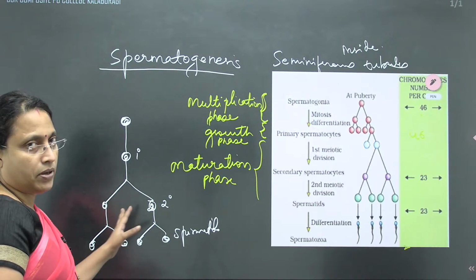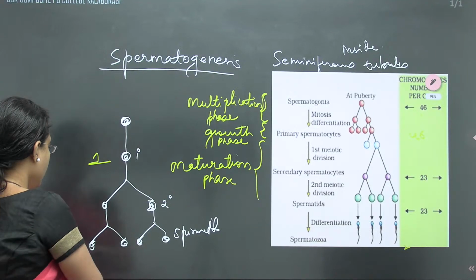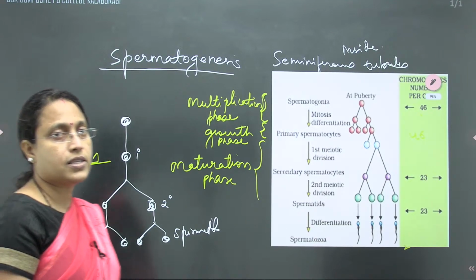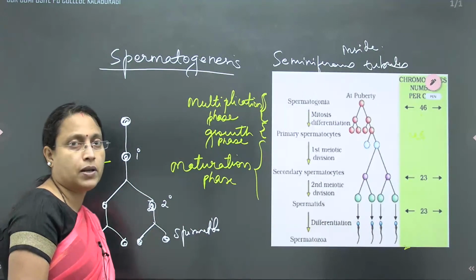If you see the number, one primary spermatocyte will give rise to 4 spermatids.